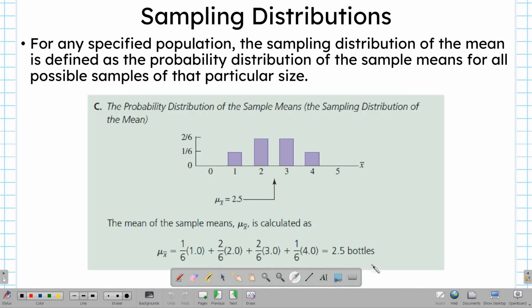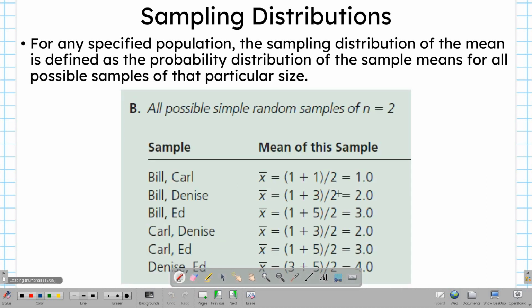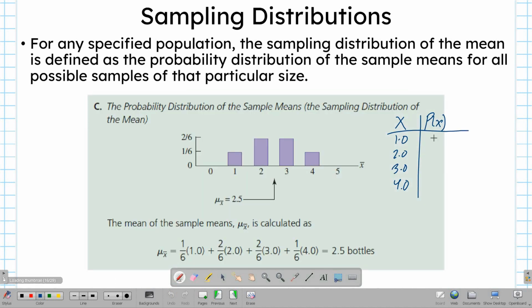So we can create our probability distribution with these means. We have the different values of our mean: 1.0, 2.0, 3.0, and 4.0. The probability of getting a value of 1 is 1/6.